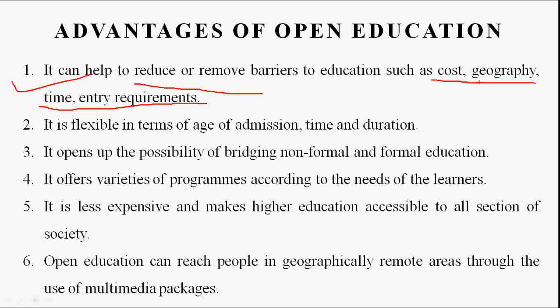If you are from a remote area, an urban area, or a rural area, from where you are does not matter for this kind of education system. Here importance has been given to study.